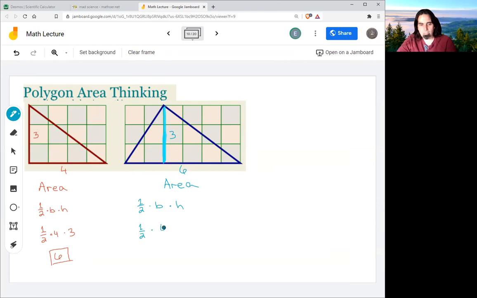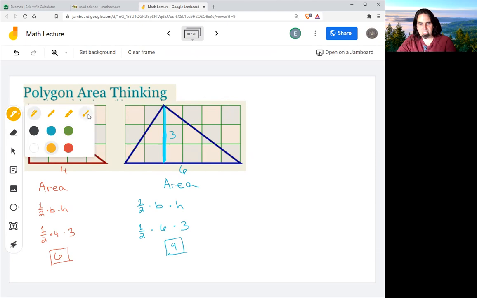So I could do 1/2 times 6 times 3. Half of 6 is 3 times another 3 is 9. Or I could just look at it and say, this is 3, that is 6. So the whole rectangle is 6 times 3 is 18. And this is half of it. Because remember, this part was the same as that part.